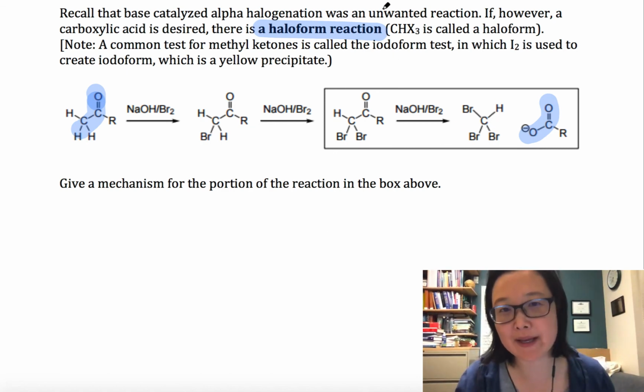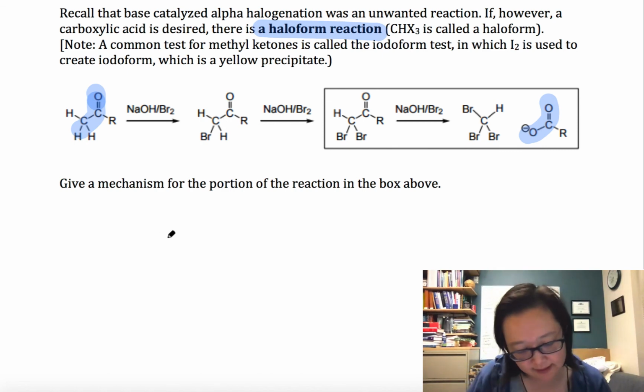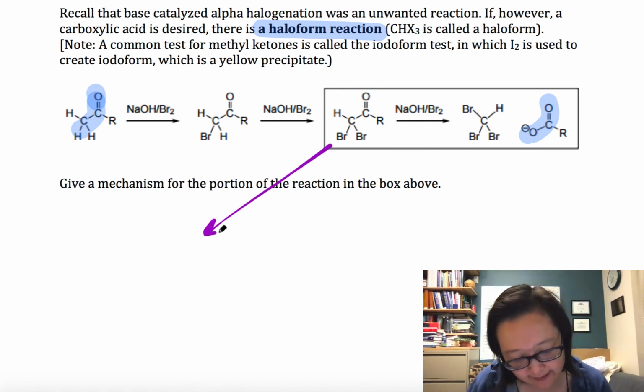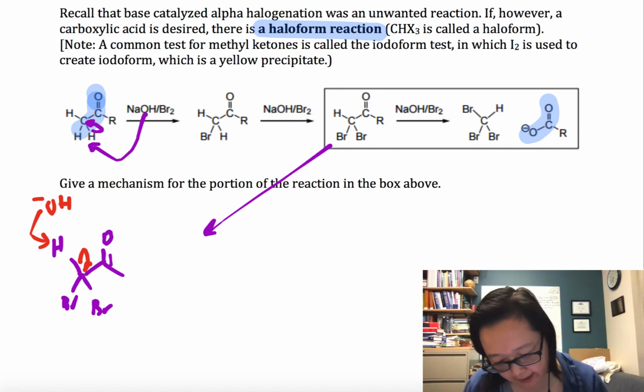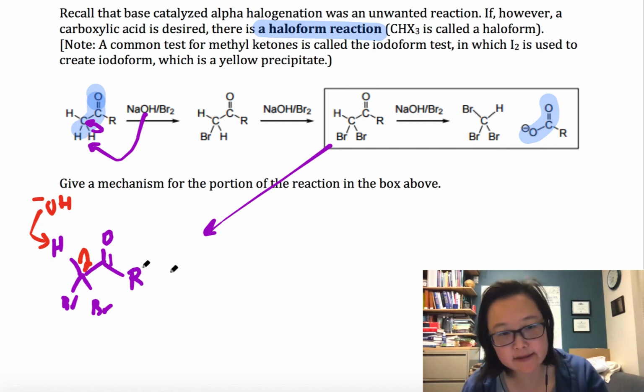And let's show a mechanism for this. So let's say that you know how to get this far. You do this, and you make your enolate, and then that enolate attacks the Br2, and that's how you get bromination, right? So now that we're here, let's say that we do that again. And let's say that the other side of this is just not a methyl part right here.